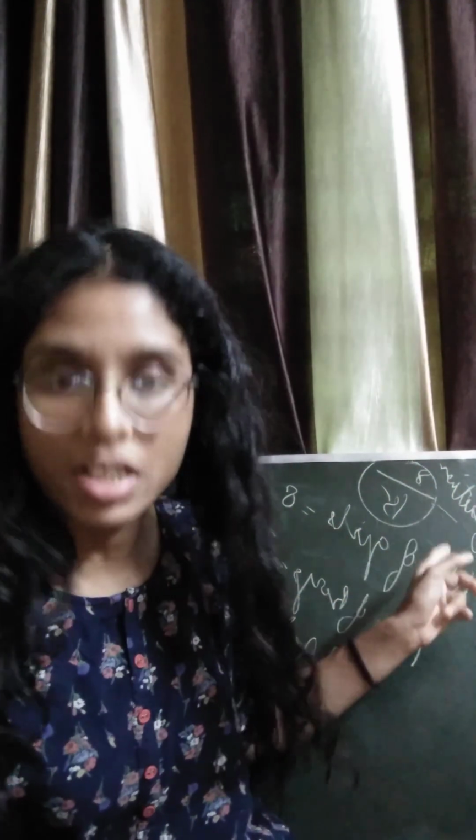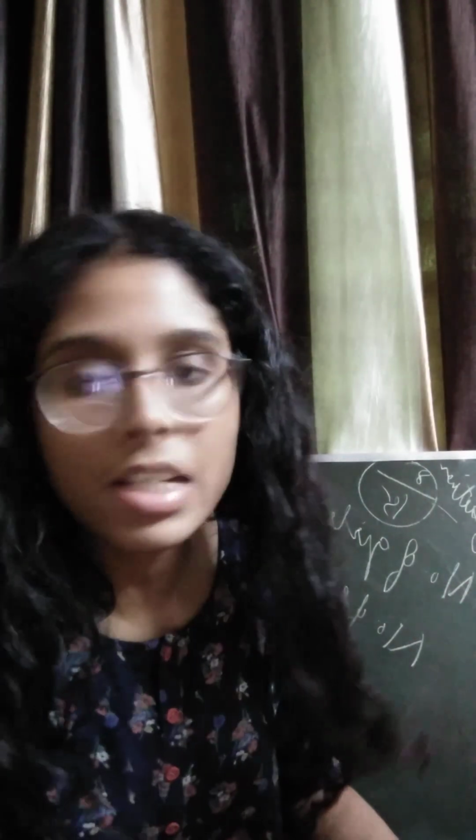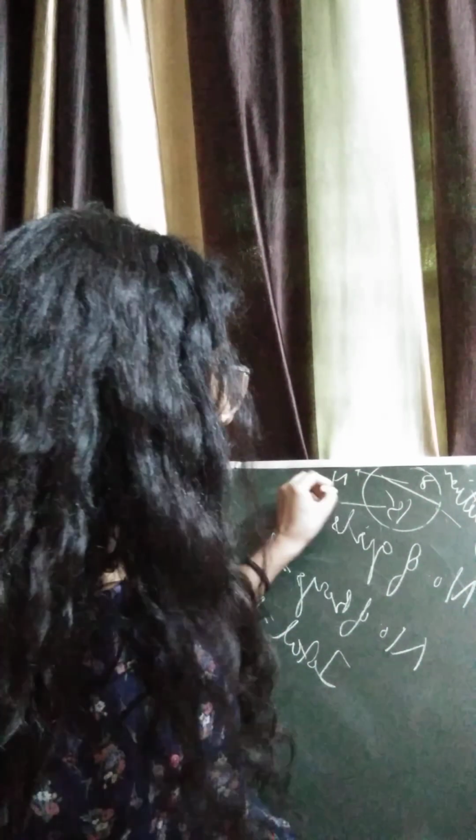Okay, below this line. So when they are done with this, I can tell them that the number on the upper side is what we call the numerator, and the number below is what we call the denominator. Now students, let's say we know how to divide, right?